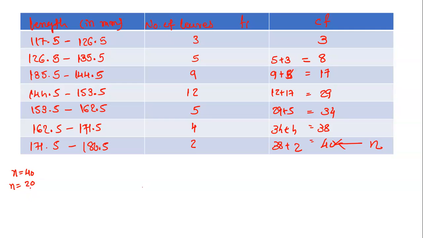It should be nearest but greater, and that is 29. See here, actually the nearest is 17, but 17 is not greater than 20, that is n by 2. So which one is greater? 29 is greater, so this is our median class.